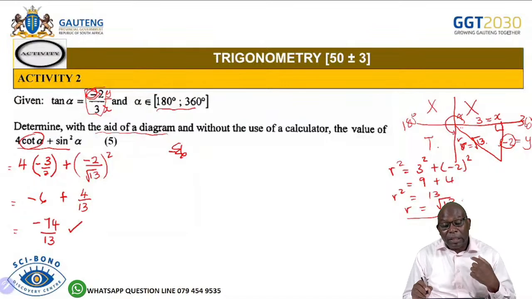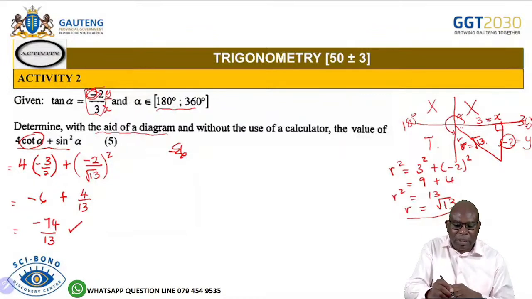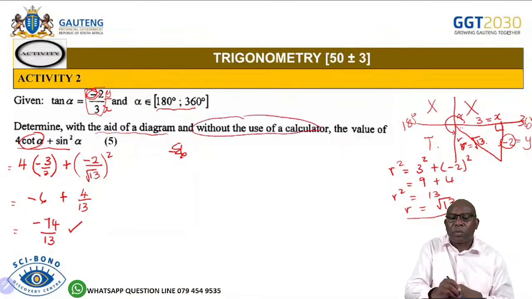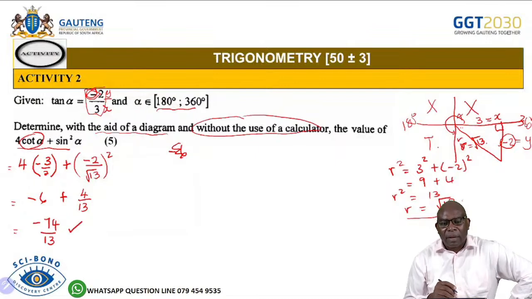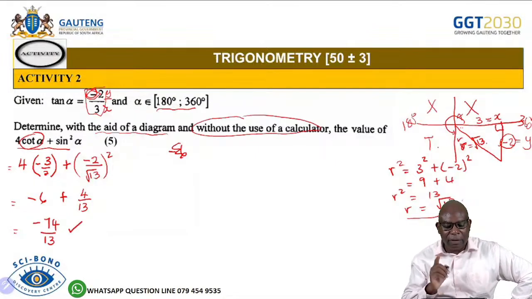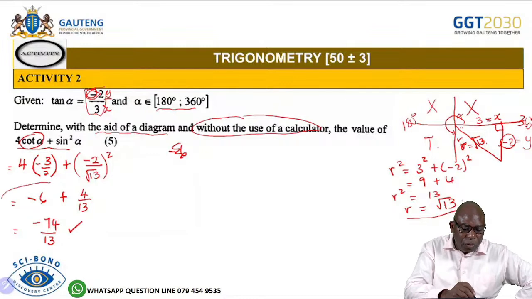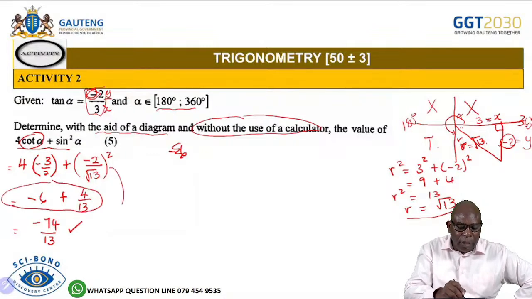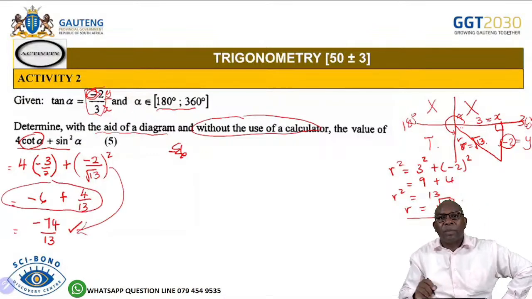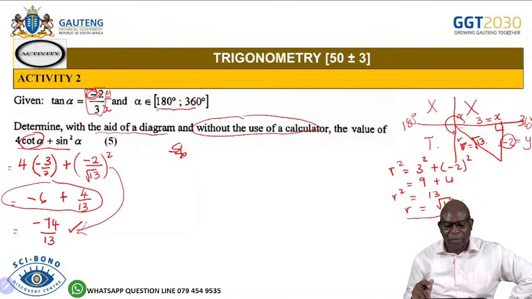If I divide 13 into 74 and get a decimal, that's not wanted because the question says without. Okay, so if I leave it as a decimal, it's fine. I don't need to do this step. I can go directly from here using my calculator.